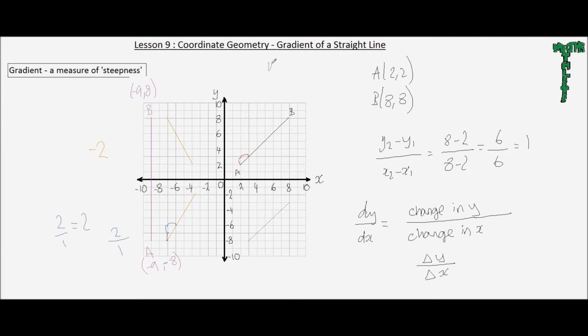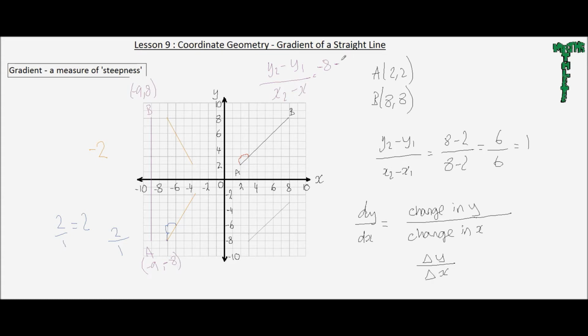Using this equation, we would use y2 minus y1 over x2 minus x1, and so y2 here would be -8, because that's y2, minus the y1 here, the positive 8.